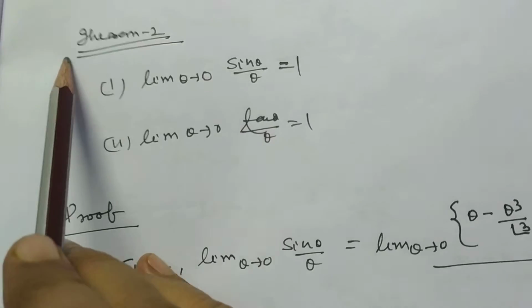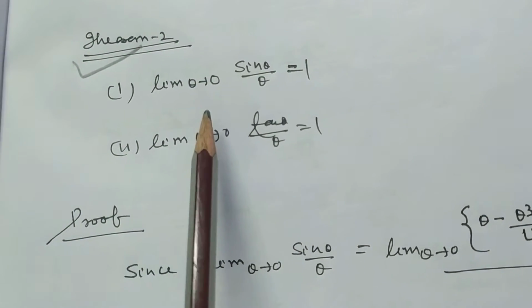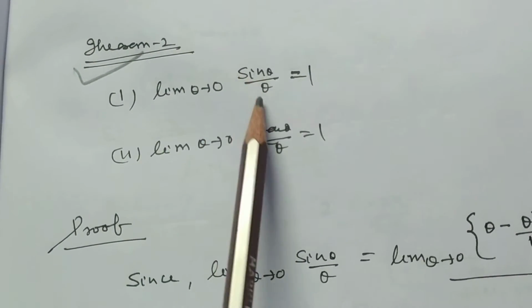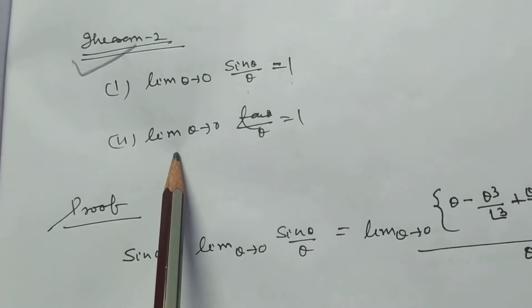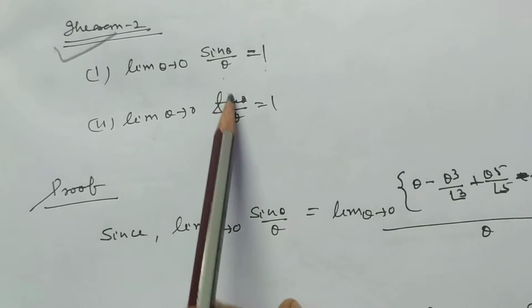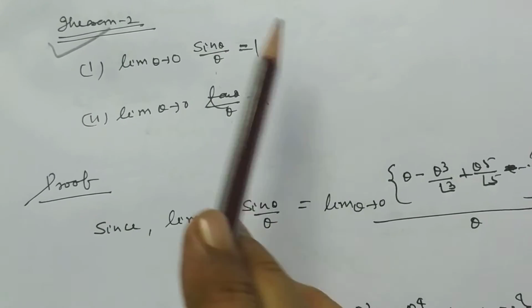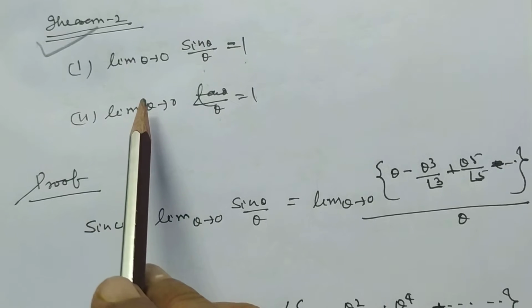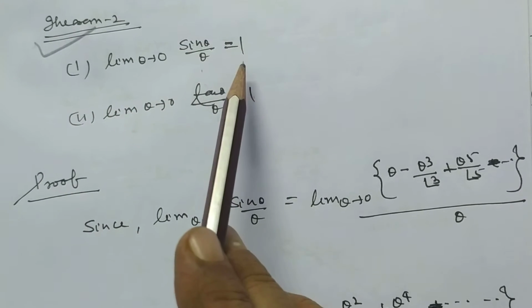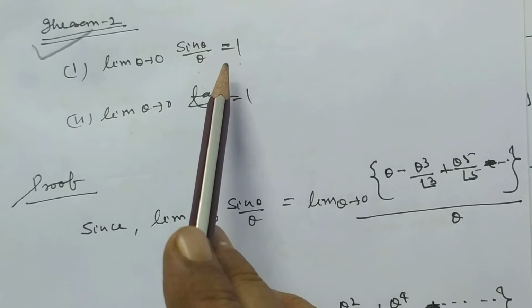Now, there are two important theorems. Limit theta tends to 0, sin theta by theta is equal to 1. And limit theta tends to 0, tan theta by theta is equal to 1. These theorems are very, very important and we will frequently use them, so you must remember this.